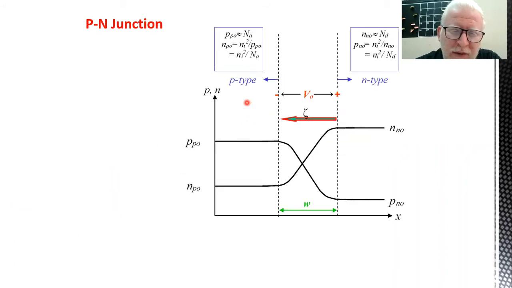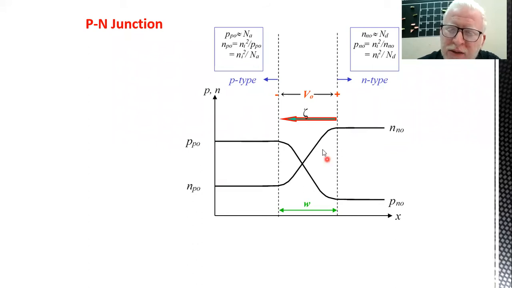Okay, then we also plotted together what's called the carrier concentration inside the material, where we have a p-doped region. As you can see, holes are the majority and electrons are the minority. Similarly, but in the reverse direction, for the other region, we have a majority of electrons and a minority of holes.